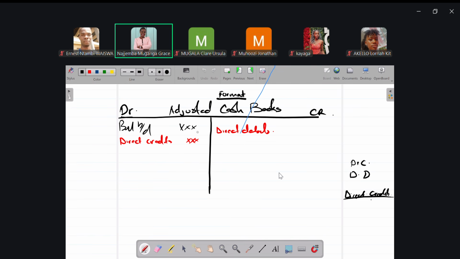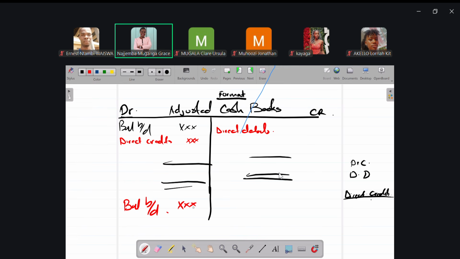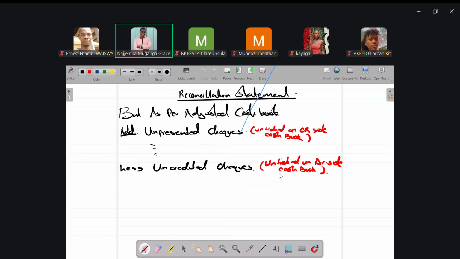So after this, we are saying you've corrected all the errors. You balance off and determine the new closing or adjusted balance. And that is what you bring here. Balance as per adjusted cash book.